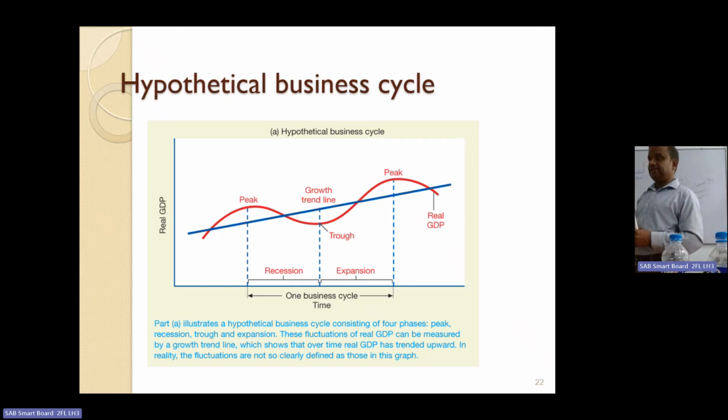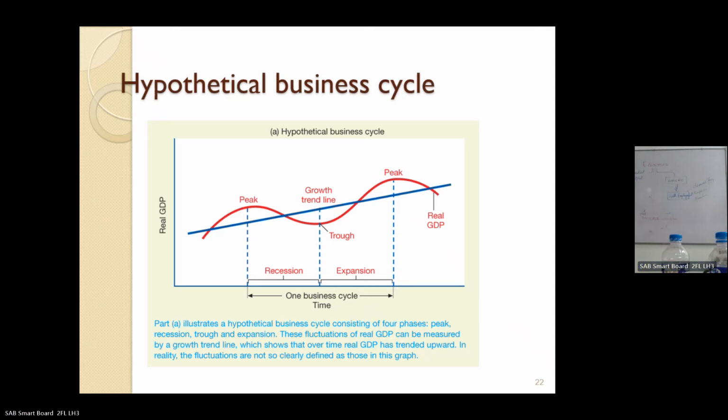What is the potential output? That is the long-term sustainable output level. This blue line explains the potential output level, the long-term sustainable output level, where we utilize all the resources and the technology.